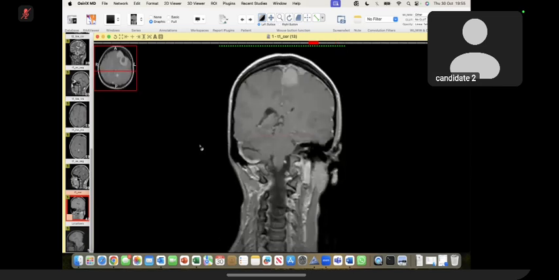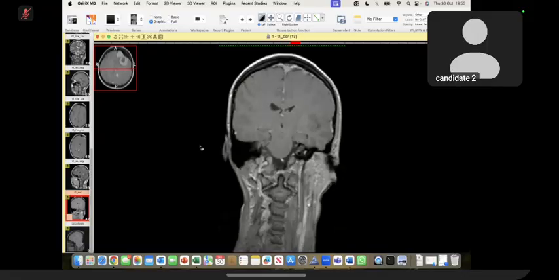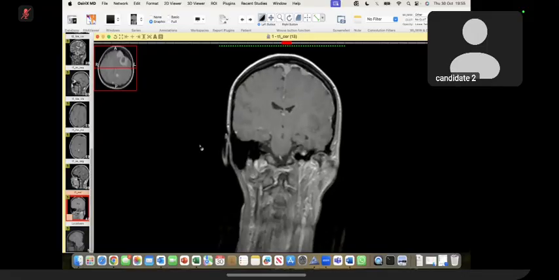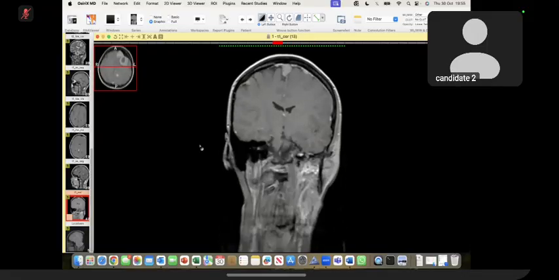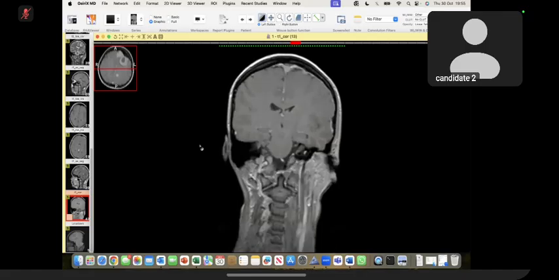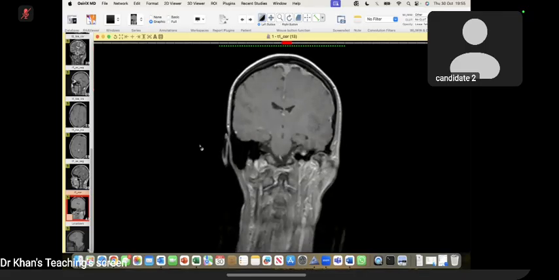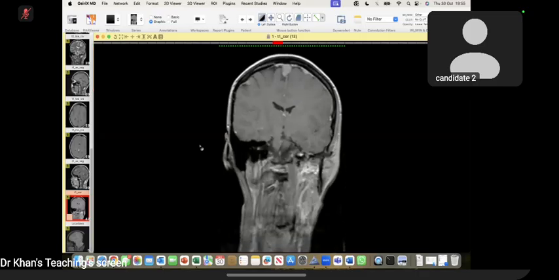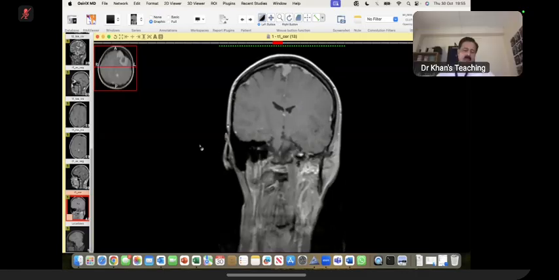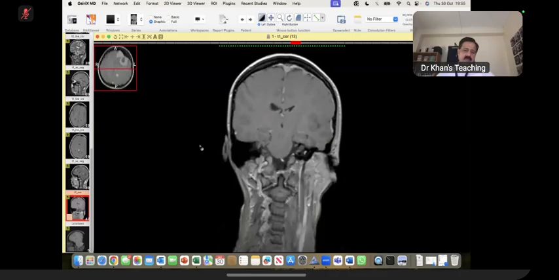I would like to look at the rest of the neural axis to rule out any schwannoma or ependymomas as well, because there was one intraventricular tumor growth on the occipital horn of the left side in subependymal location. Which is the most important tumor regarding the definition of NF2?